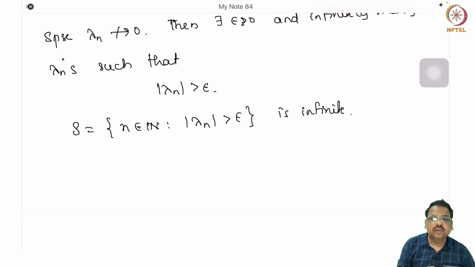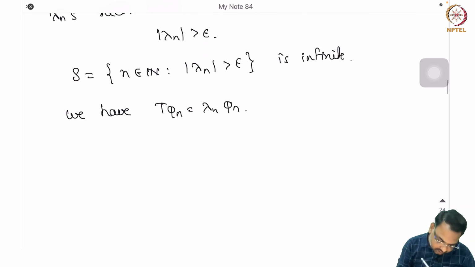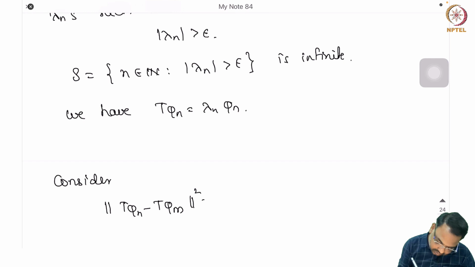Now corresponding to lambda n, we can pick up the corresponding eigenvector. So we have T phi n is lambda n phi n. So consider norm of T phi n minus T phi m square.